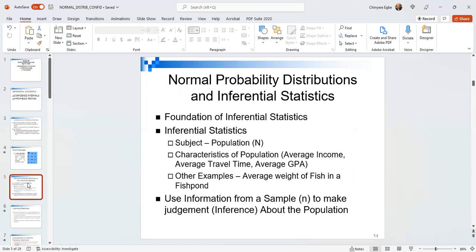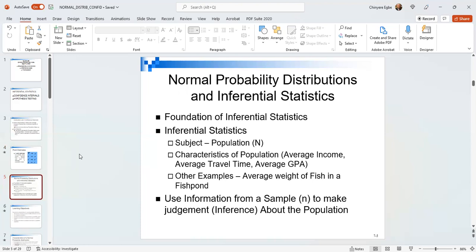All right. So now we're going to assume the normal distribution. We're going to do our estimation using the normal distribution. And so the first thing that we're going to do is to try to understand what is the normal probability distribution. I believe that you covered this in your introductory statistics class.